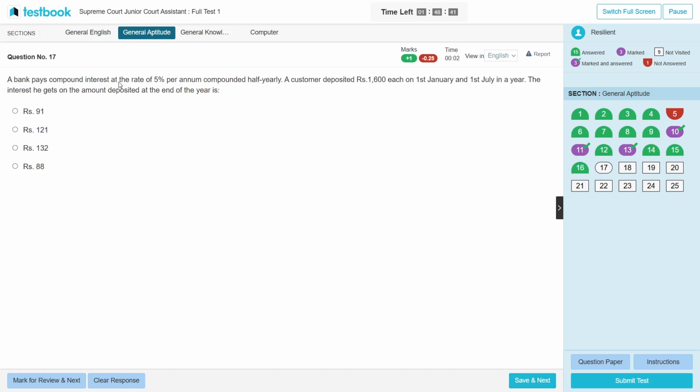A bank pays compound interest at the rate of 5% per annum compounded yearly. A customer deposits 1600 each on 1st January and 1st July in a year.